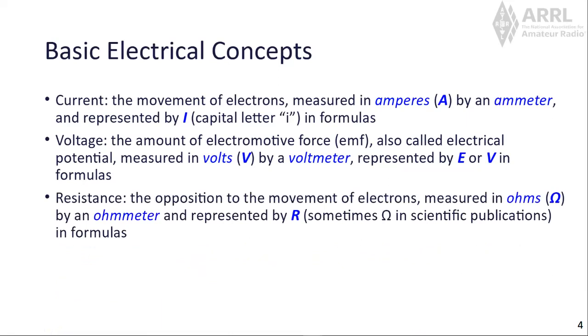Resistance is the opposition to the movement of electrons. It's measured in ohms by an ohm meter and represented by the capital letter R, or sometimes the omega sign in scientific publications and formulas.